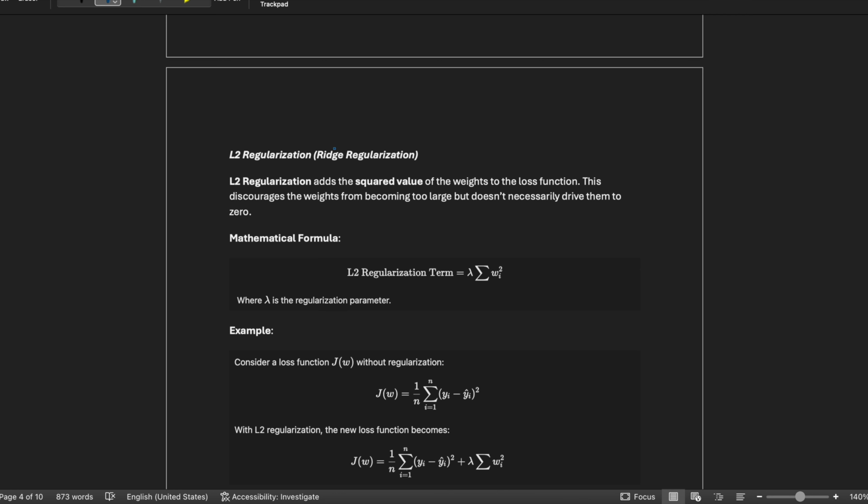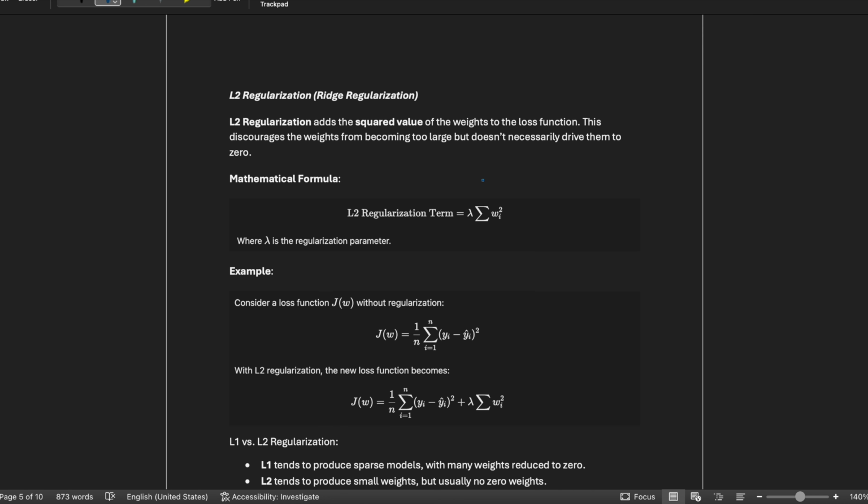You already know that we want our weights to come close to zero so that our model complexity decreases, which in turn decreases the overfitting. So we are applying L2, L1, or L1 plus L2 regularization. L2 regularization adds the squared value of the weights to the loss function. This discourages the weights from becoming too large, but doesn't necessarily drive them to zero.